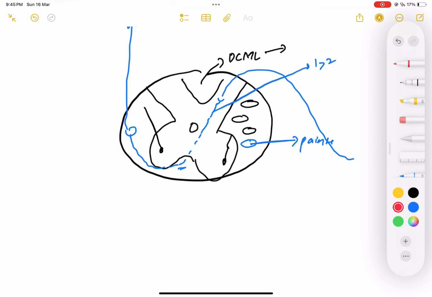So the first pathology which we are going to discuss is syringomyelia, right? What happens in syringomyelia is that we are going to see formation of a syrinx. What is a syrinx? A syrinx is simply cystic degeneration, a cystic outgrowth from the spinal canal, which would come in front, and it would compromise your anterior commissure, right?